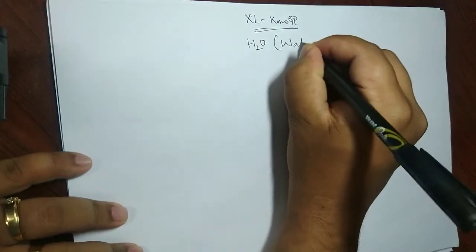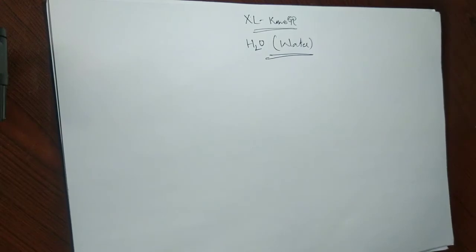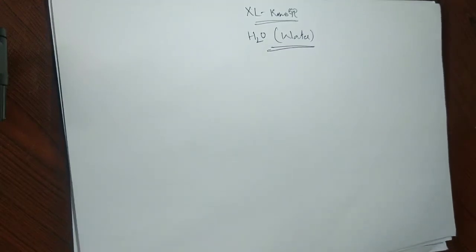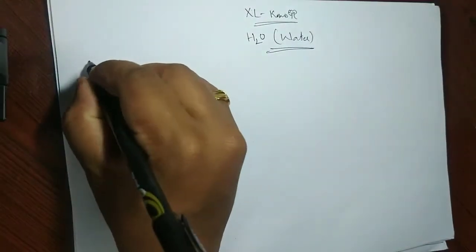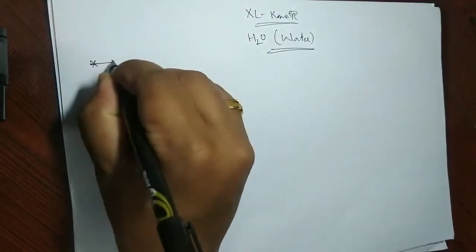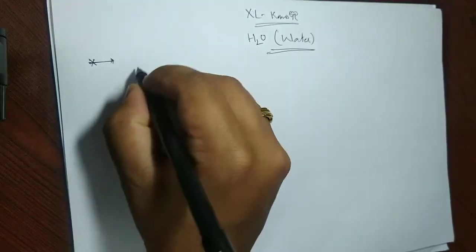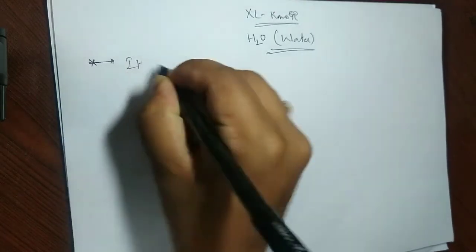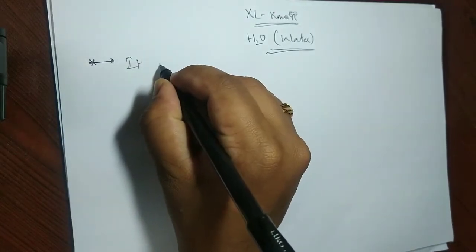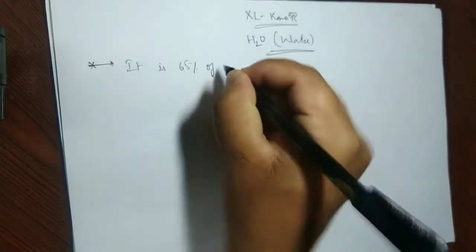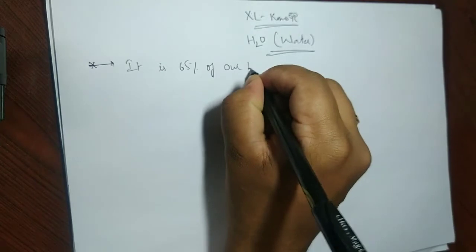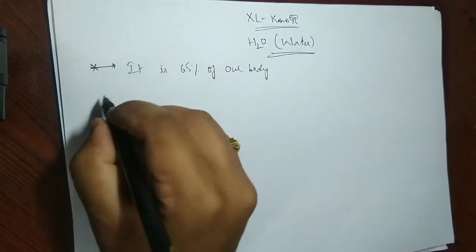We all know the importance of water. Like the biological aspect, you know pretty much. So basic information, I'm just superficially explaining the things. Number one, it is 65% of the body.